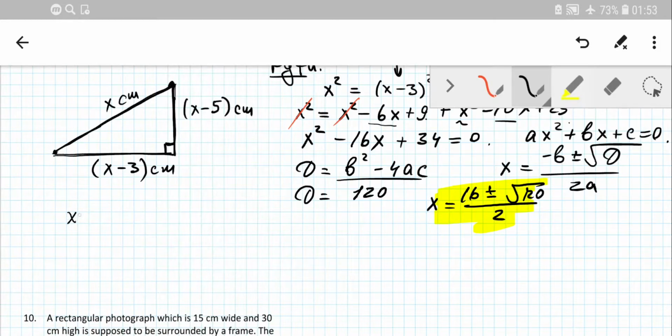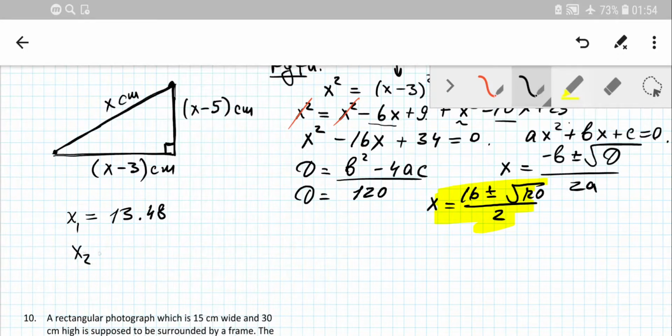First, x1 with the plus: 16 plus the square root of the discriminant, everything divided by 2, gives around 13.48.